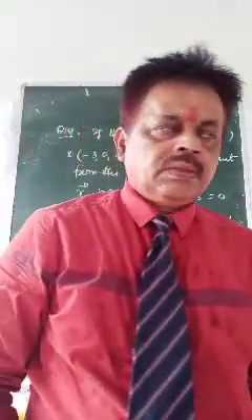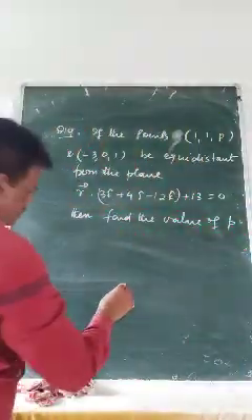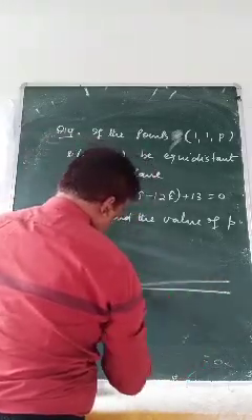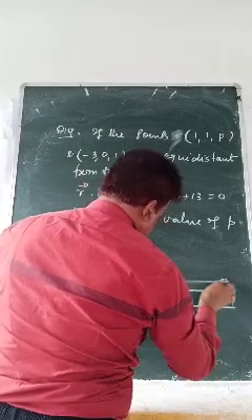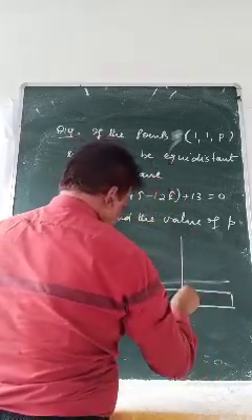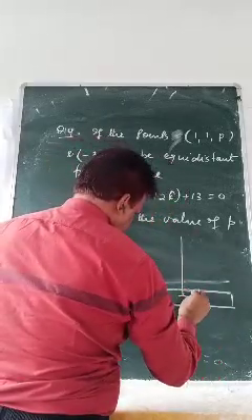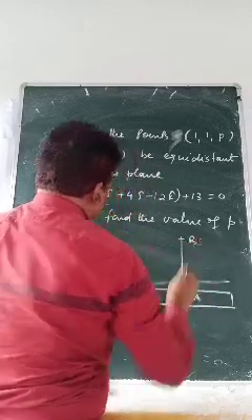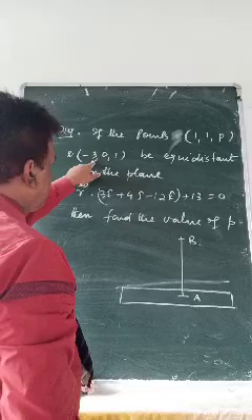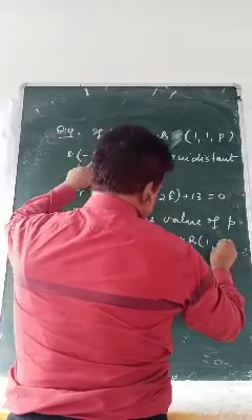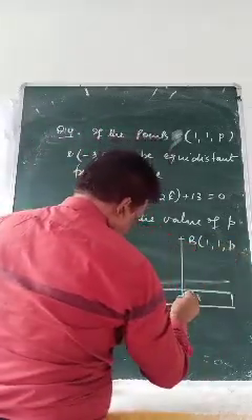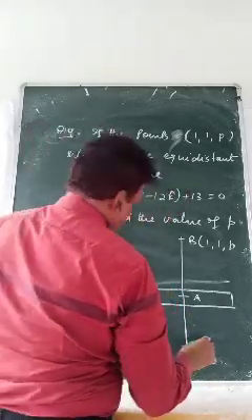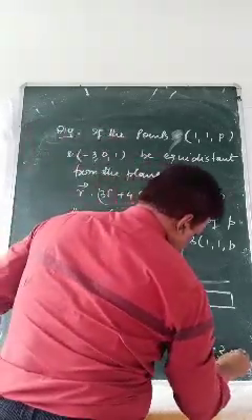Okay, look at here. There is a plane here. Suppose this is A point, this is your B point. Which point is this? 1 1 P. Again, equidistant from C point, that is minus 3 0 1.